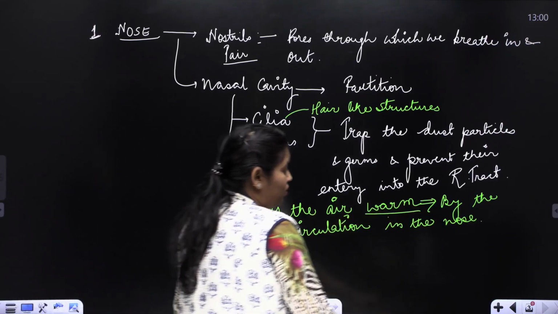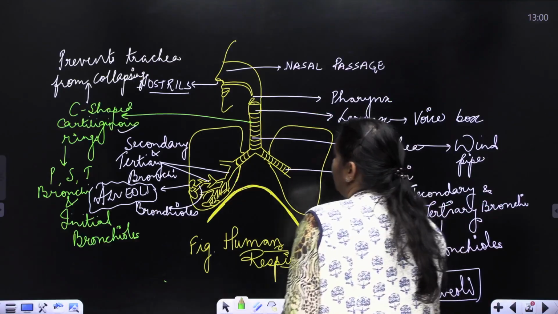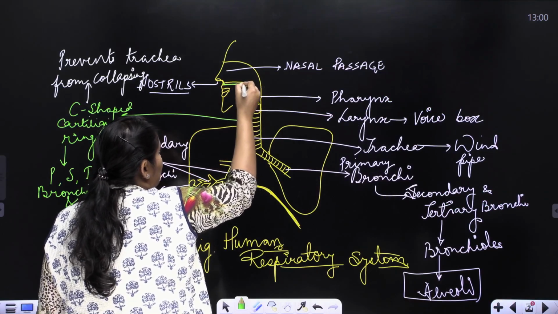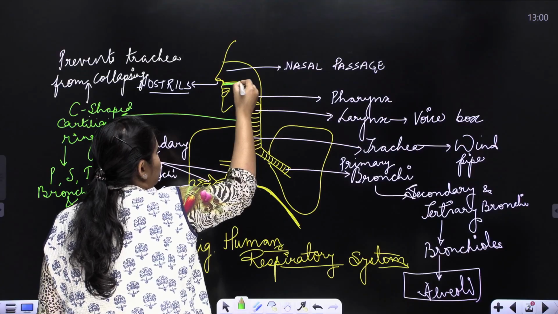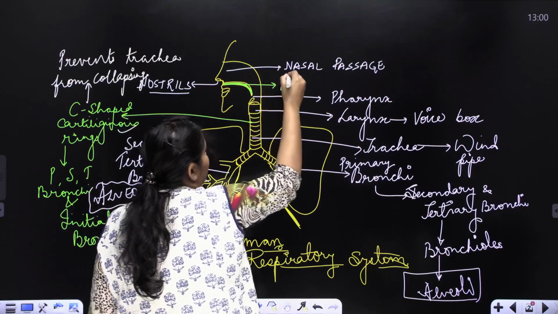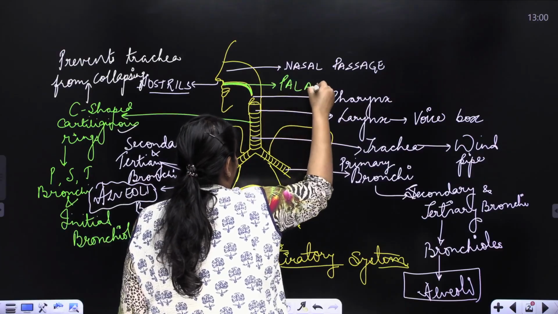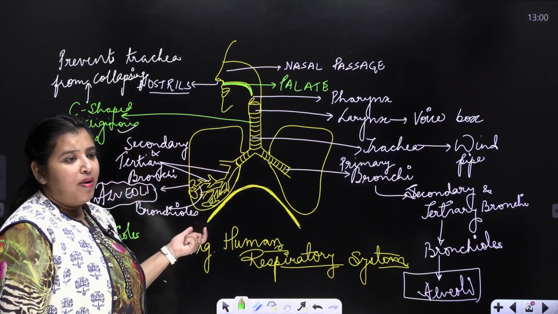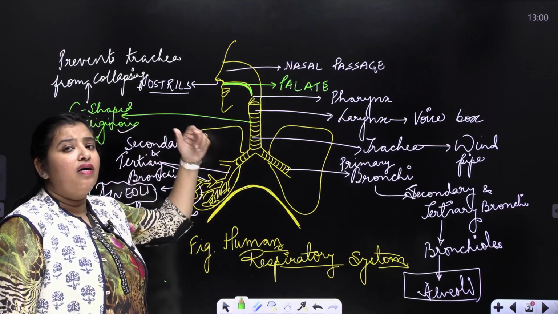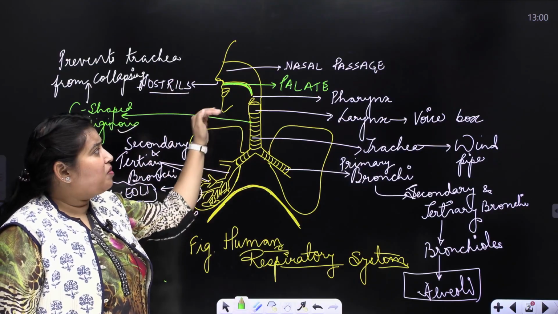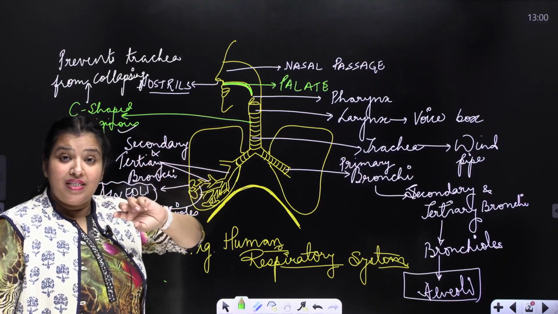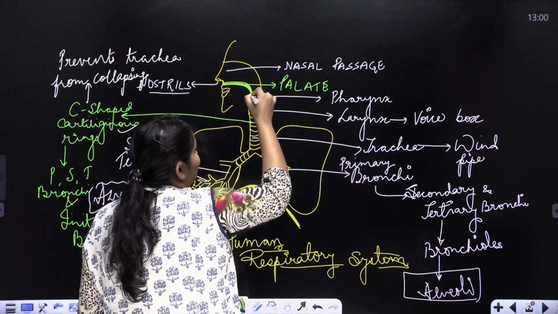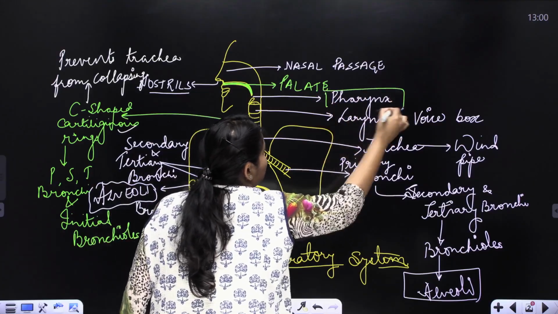Now, if you look at the diagram that I have drawn, you can see this part. What is this? This part is said to be the palate, the hard palate, which divides our buccal cavity and the nasal cavity. That means it acts as a partition between the two. But see, both these chambers finally meet at this part, which is the pharynx.